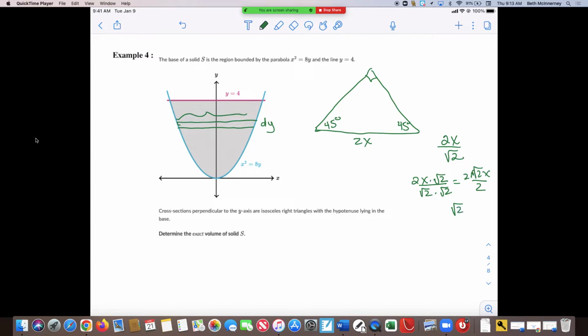So I'm getting x square root 2, or square root 2 x. I just don't want that to look like the x is under the square root.